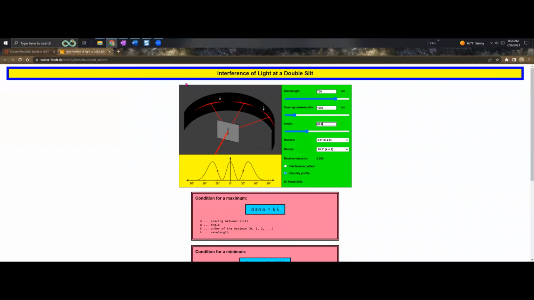Okay, let me make sure I'm sharing the right screen. Yep, here it is. So what I'm going to do here is change this. So it's now a factor of 3, which is 2100.